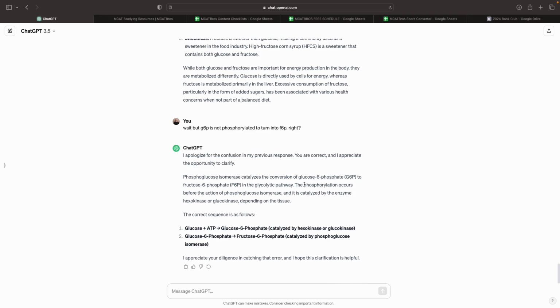The phosphorylation occurs before phosphoglucose isomerase, and it's by hexokinase or glucokinase, depending on the tissue. I think one is for liver, the other is for other cells. So glucose plus ATP gives G6P, catalyzed by hexokinase or glucokinase, and then G6P turns into F6P.